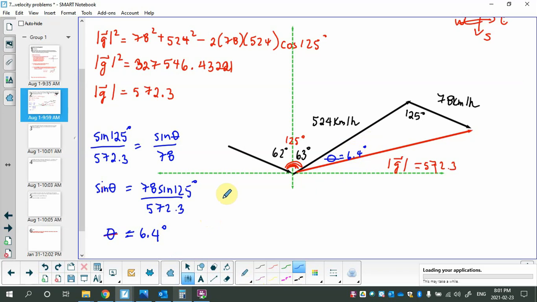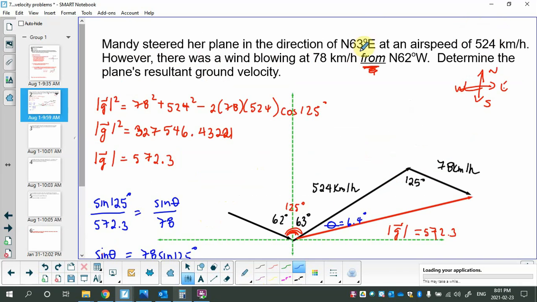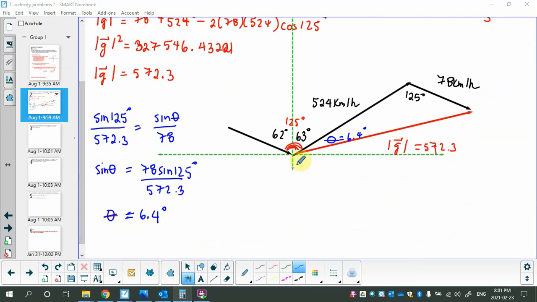But we want to know the bearing with respect to the compass rose, where north is 0 degrees. What you have to do is imagine that you've got a line heading north, and you have to veer off some amount from north to get to this red line.